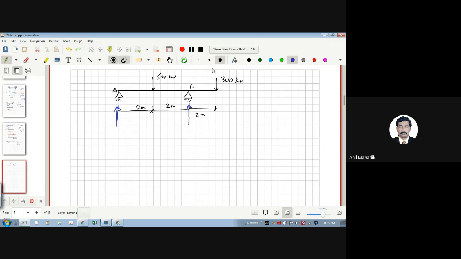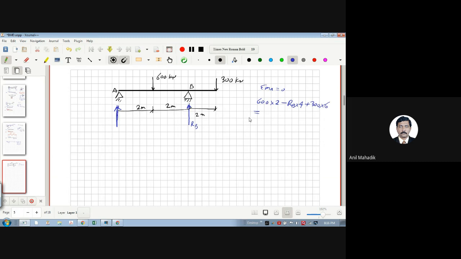How to calculate? If you don't know, take the moment about A. Sigma M at A is equal to 0. We have to write this equation. Quickly, 600 into 2 minus RB into 4 plus 300 into 6. So what will the value of RB be?